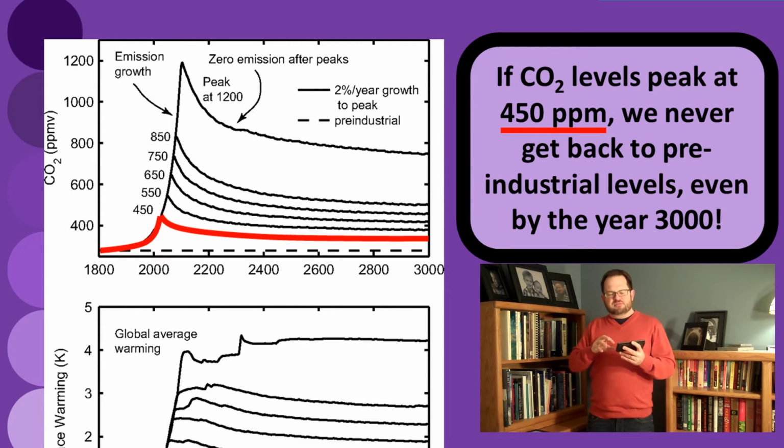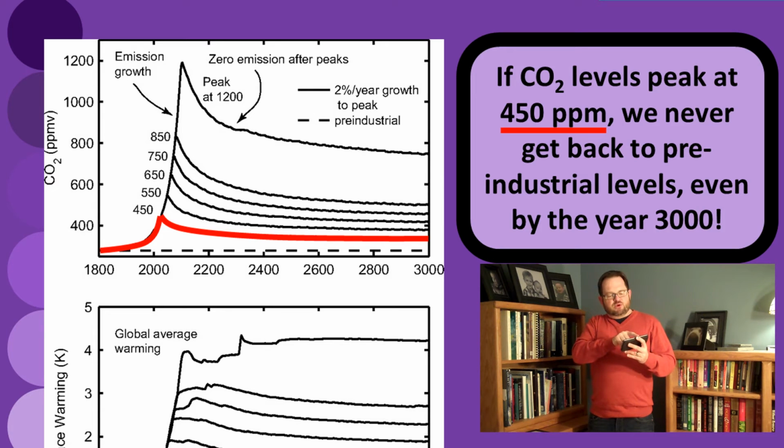Now, the way they've labeled them is a bit awkward, so I'm going to put some colors on these diagrams here. For example, the red curve on there is if we let the carbon dioxide concentration rise until it hits 450 parts per million, and then, suddenly cold fusion, wind power, solar power, something, becomes more efficient than petroleum, we just don't burn it anymore.